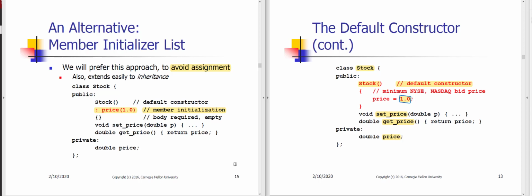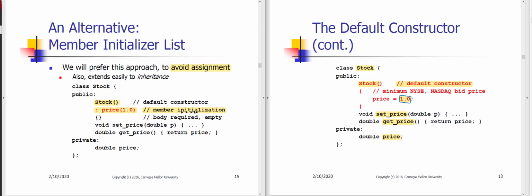Member initialization syntax is special to constructors. You can't use this with any other kind of function definition. Basically, you have your interface to the constructor, which is the name of the class with whatever arguments the constructor might take. For the default constructor, the argument list is always empty. Following that, you have a colon and then a list of the data members that exist within the class and initial values for those things in parentheses.